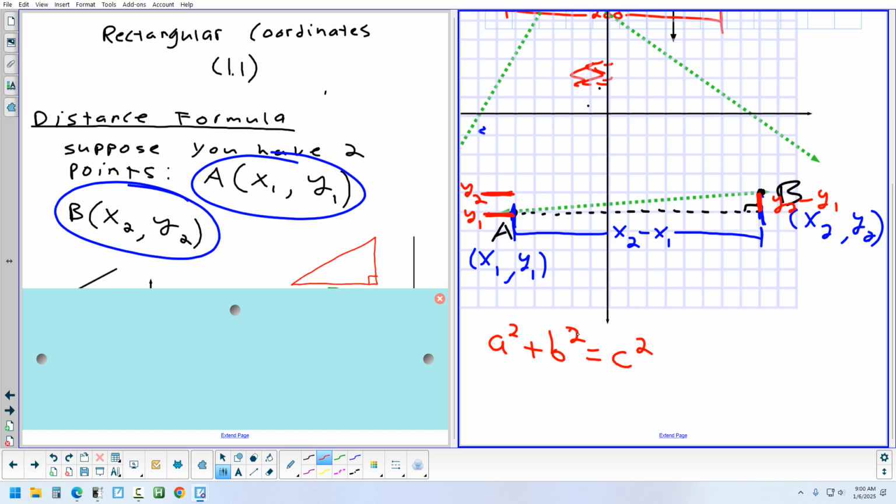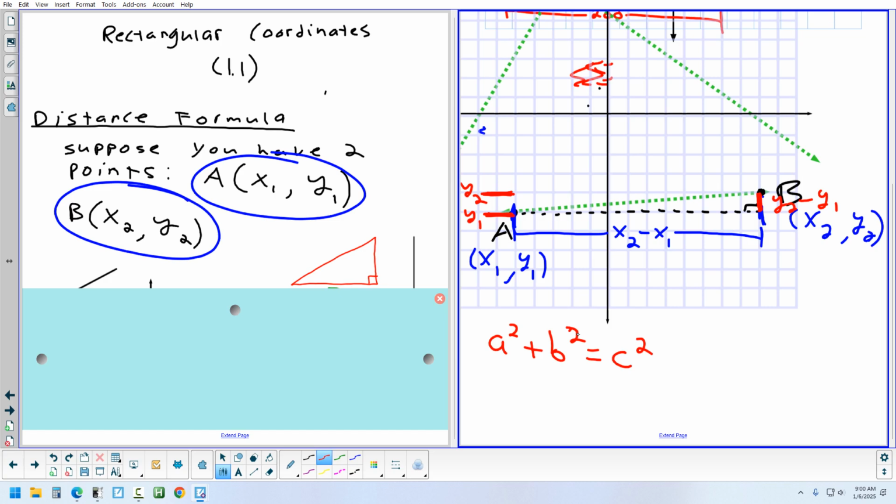A would be the base. What about the leg? The length of the leg. Yeah. So A is the length of one leg.